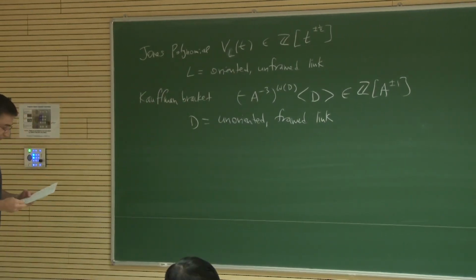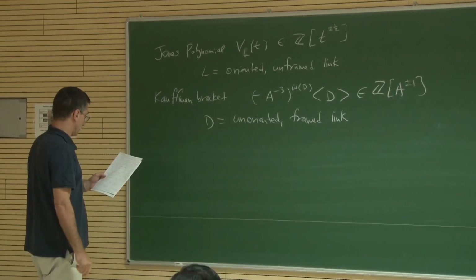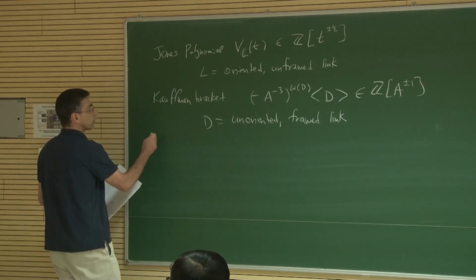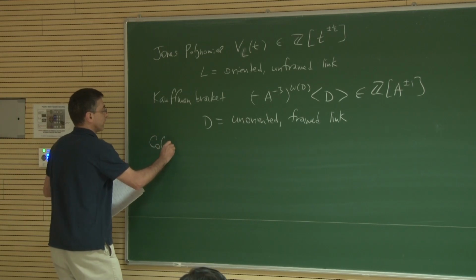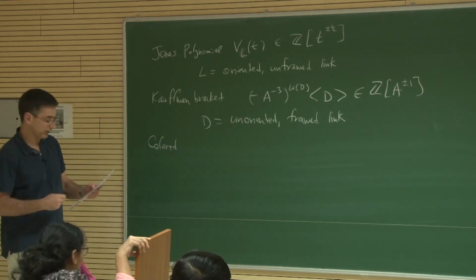So the next gadget that we're going to see is the colored Jones polynomial. We're going to see the colored Jones polynomial later in this talk, in the next talk, and then in several other talks.